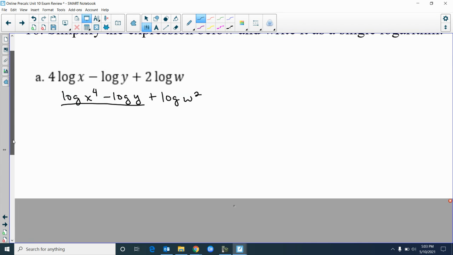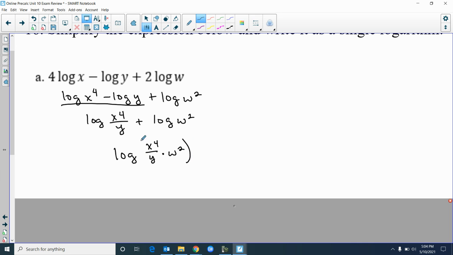That's a minus, so that means we can condense it as a division problem. So it's log x to the 4th over y plus log of w squared. Now that's a plus, so that means we multiply those two together. So log of x to the 4th over y times w squared.